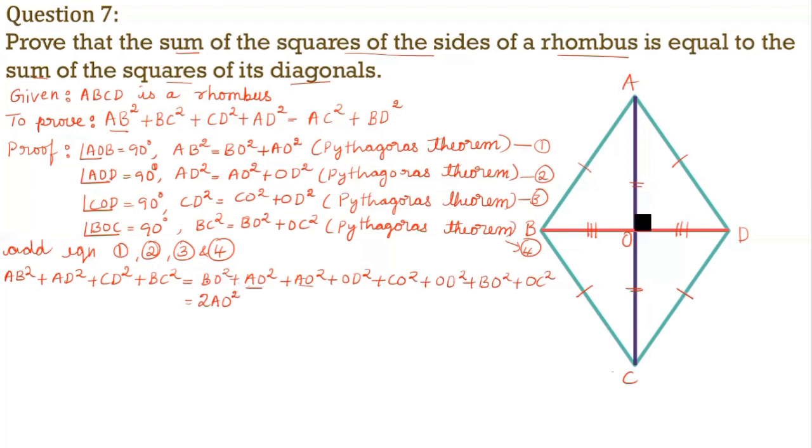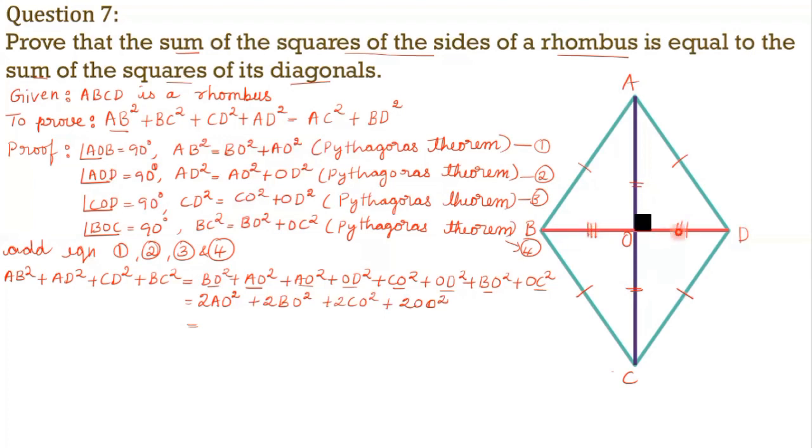AO square plus AO square is 2AO square and BO square, 2BO square, CO square plus CO square, 2CO square and DO square plus DO square, 2DO square or 2OD square. Now you know that AO is equal to CO and BO is equal to DO because diagonals bisect each other.